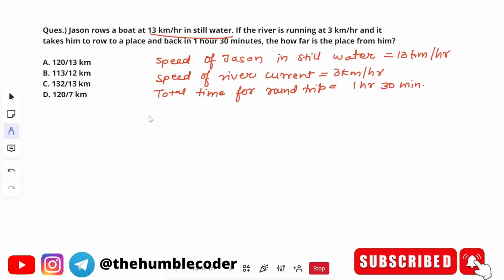We need to find how far the place is from him. Based on this data, there are two speeds that we can deduce. First is the speed while going, which is also called downstream: 13 plus 3, which is 16 km/h.